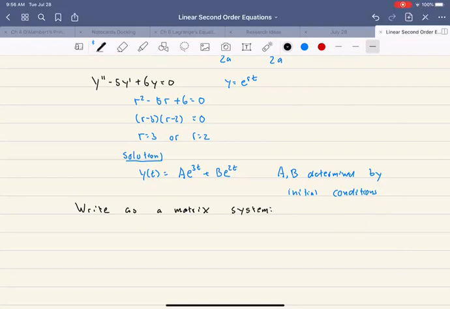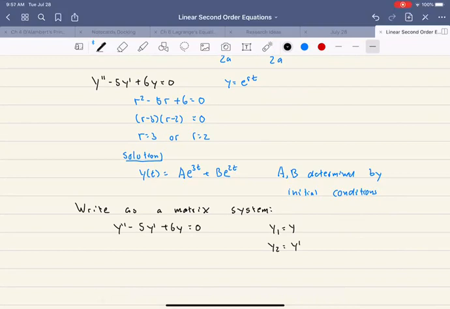So you've got y double prime minus 5y prime plus 6y equals 0. I'm going to let y1 equal y and y2 equal y prime.